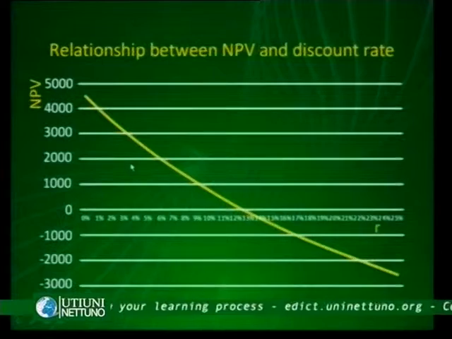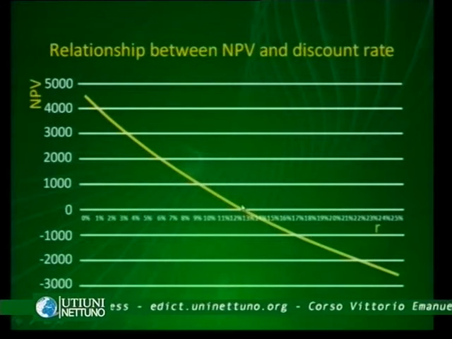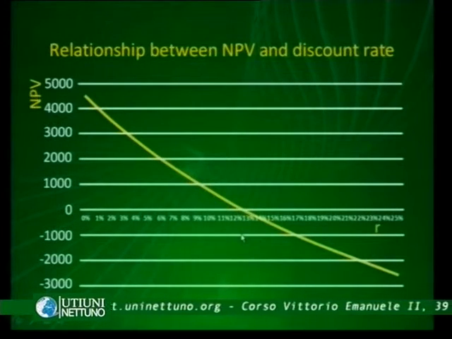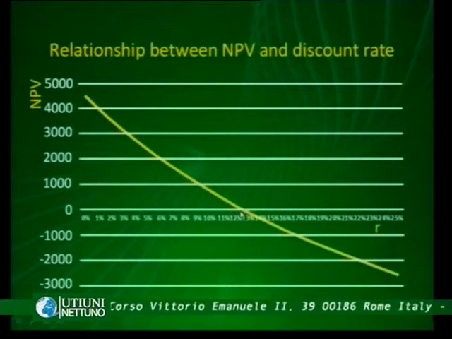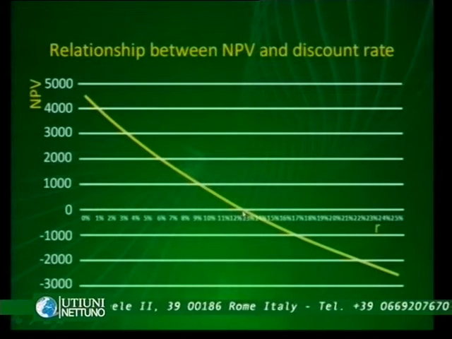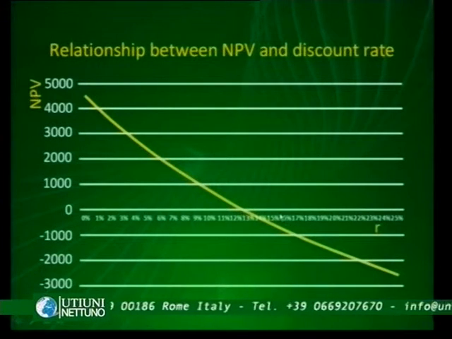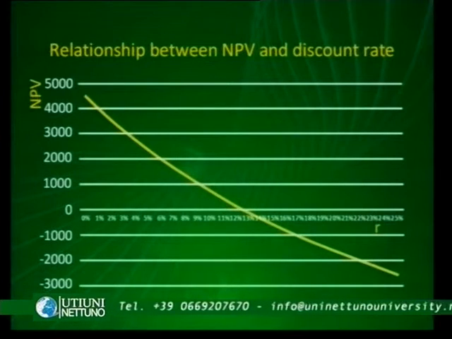we can see that the NPV will be positive until a certain discount rate. So this means that for all the discount rates that are on the left of this intersection point, the NPV will be positive. For all the discount rates that are higher than this discount rate, the NPV will be negative.